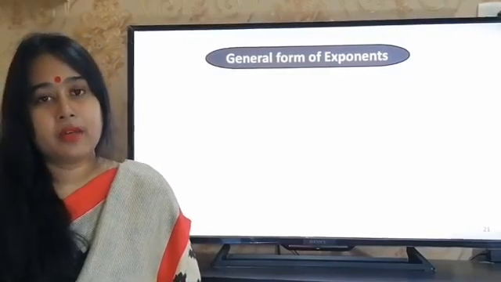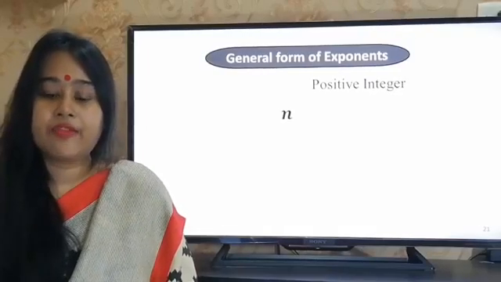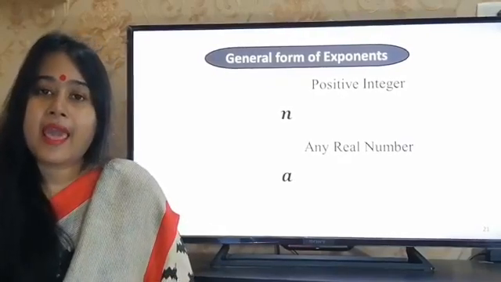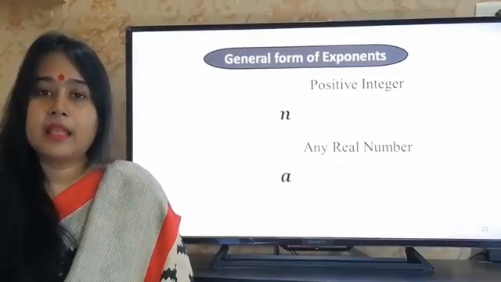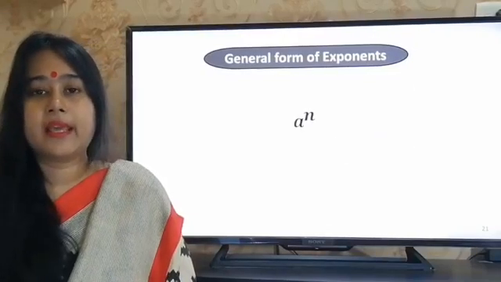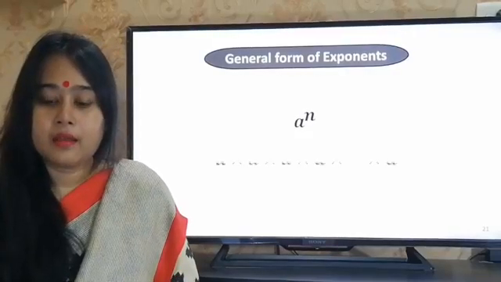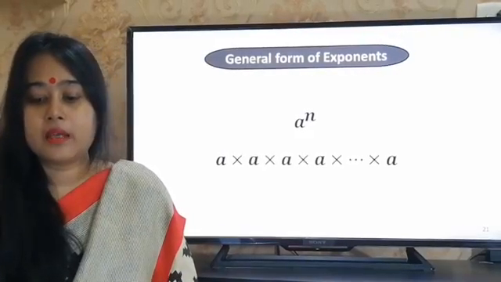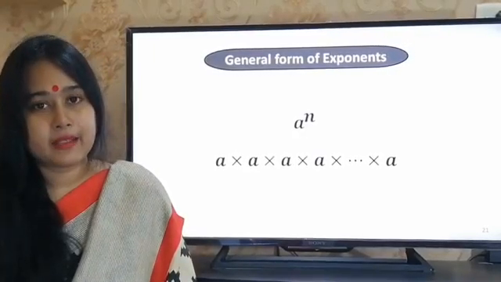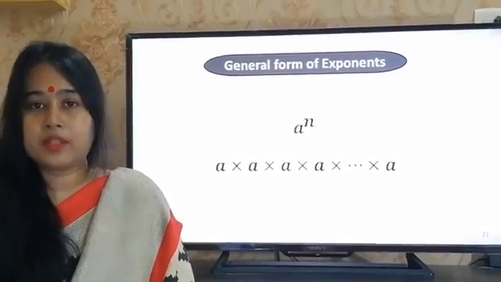Well, for the general form of exponents, I can explain it here. If n is a positive integer and a is any real number, then we can express it as an exponent, a to the power n. Here you can see some dots, because n is a positive integer, so the value of n can be any positive integer.